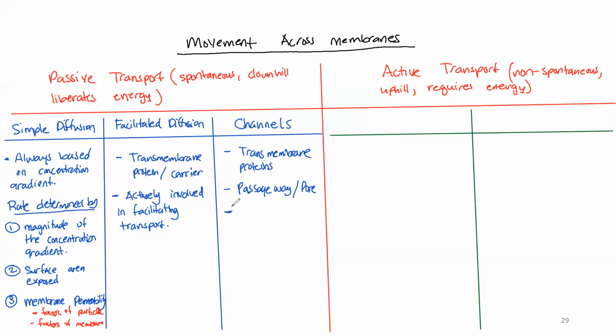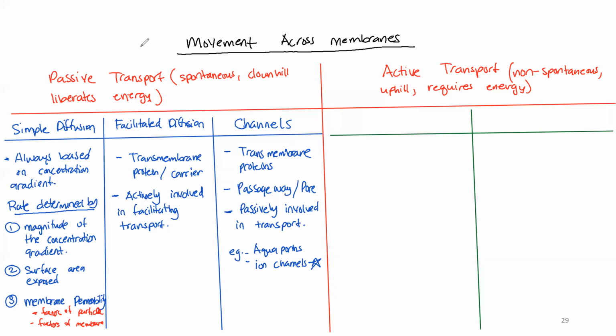They're not going to do anything. They're just going to stand there and allow that molecule, that ion, to go right through. So passively involved in transport. Some examples: we spoke about aquaporins, which were water channels. We also spoke about ion channels, which are probably the more important of the two. Okay.